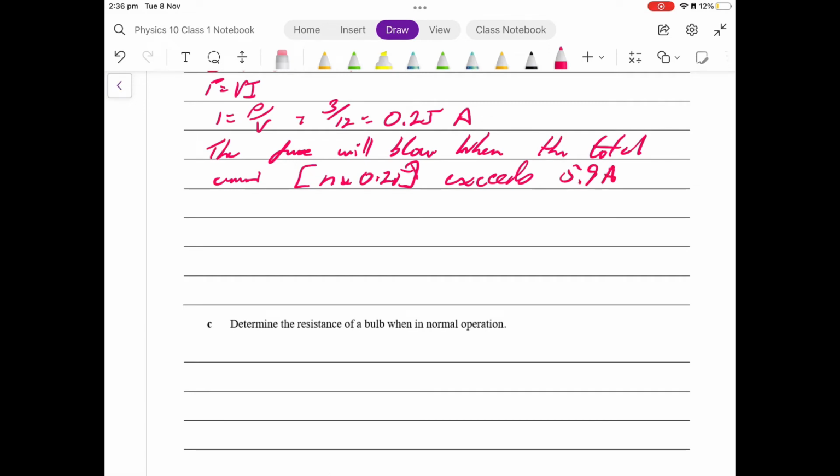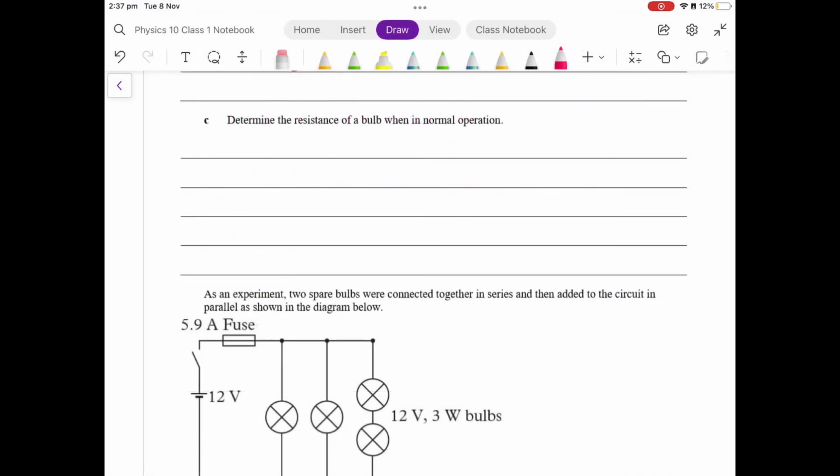So N times 0.25 is less than or equal to 5.9, so N is less than or equal to 23.6, so 23 lights won't blow it, but I think that's right.